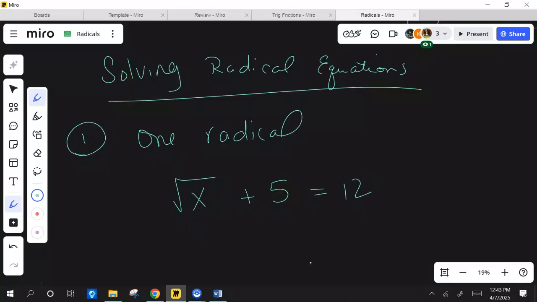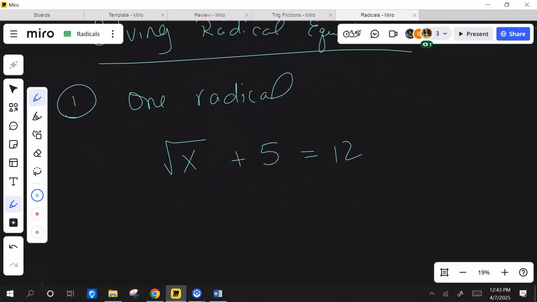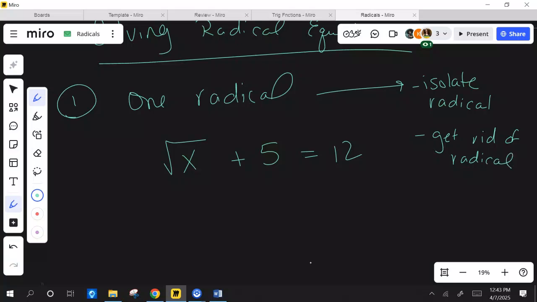We're going to crank it up. We're going to isolate the radical, and then we're going to get rid of the radical. We're talking about the variable being in the one radical.